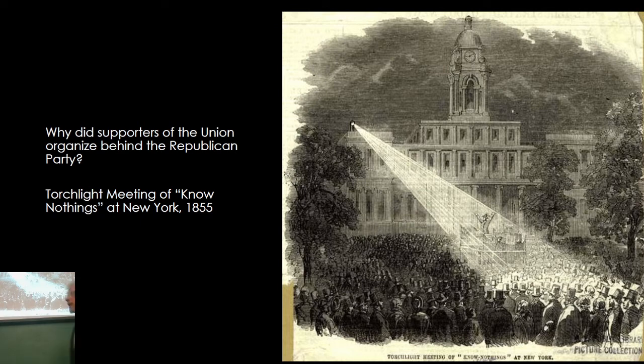Well, part of what the Republican Party does is it is not opposed to slavery, but it is opposed to the expansion of slavery into the West. And it increasingly takes on some of the features of the Know-Nothing Party.